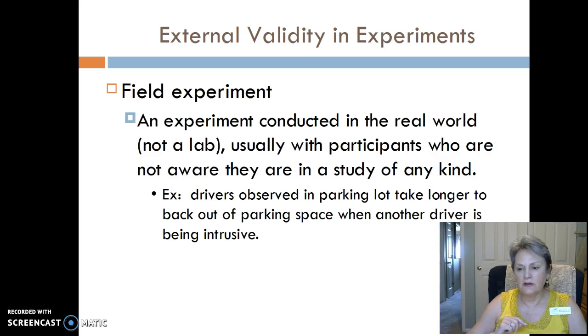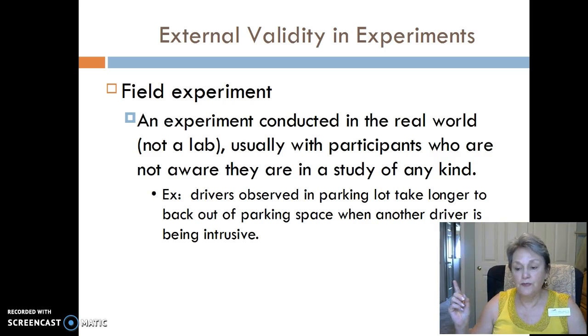A kind of fun example of a field experiment was a study where they observed how long people take to back out of parking places in crowded parking lots when people are waiting for them to pull out. In this particular study, they had 3 different conditions.